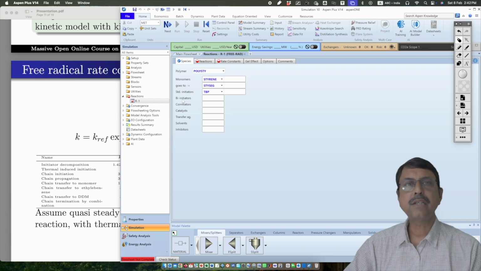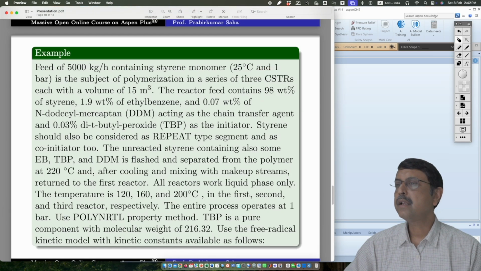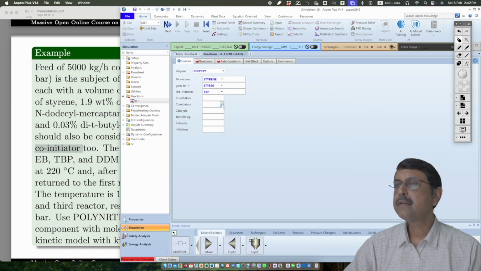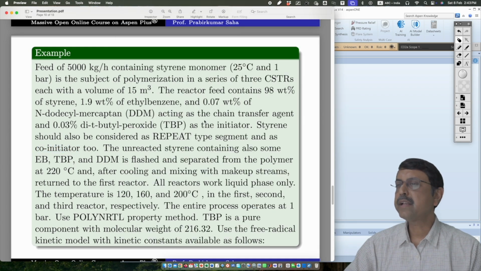Does it have a bi-initiator? No, but it has a co-initiator. What is that co-initiator? We know styrene is also a co-initiator. So we write co-initiator, it is our styrene. We don't have any catalyst, but we have transferring agents. What are the transfer agents? We have ethyl benzene and N-dodecyl mercaptan.